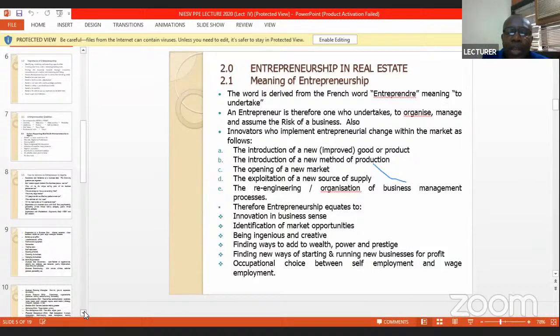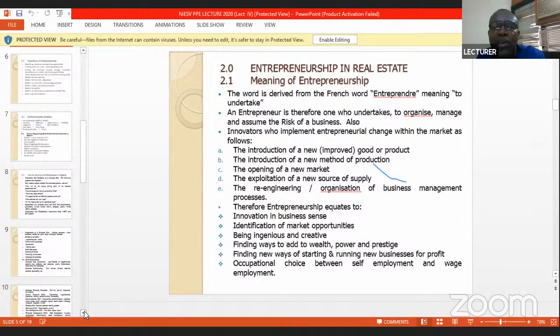Number one, or A, entrepreneurs are those who introduce a new good or product into the market. They always come up with new or improved products or goods. Sometimes it can also be services, goods and services.